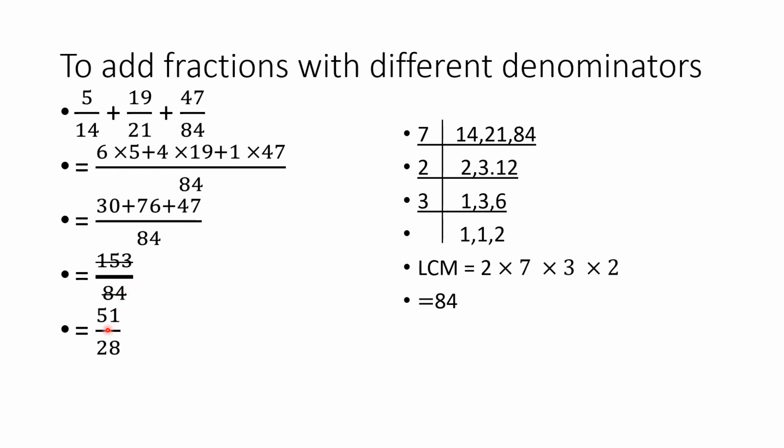And here 3 fives are 15, 3 ones are 3 and here 3 twos are 6 and 3 eights are 24. Now 51 by 28, which is an improper fraction, and we can convert it into a mixed fraction also. So we have already learned how to convert into a mixed fraction. We will just divide 51 by 28 and we will find out the mixed fraction, which is 1 and 23 by 28.